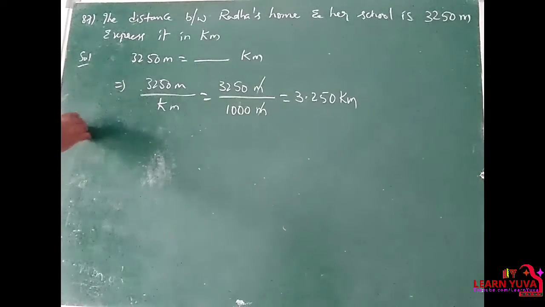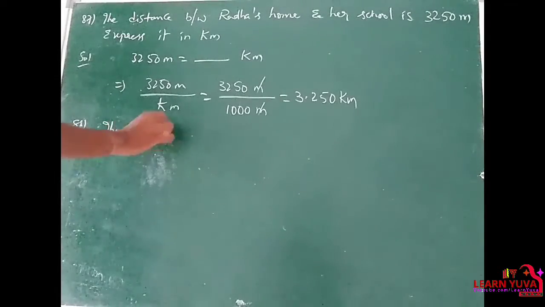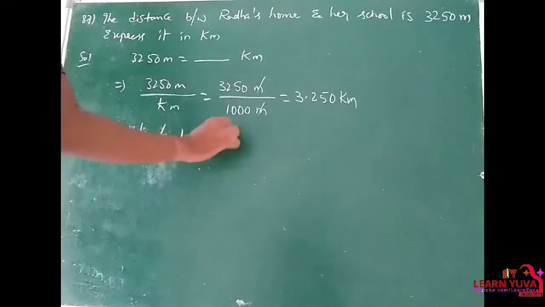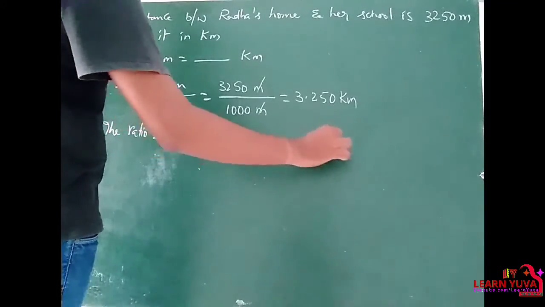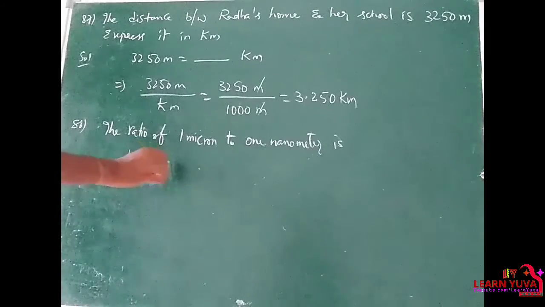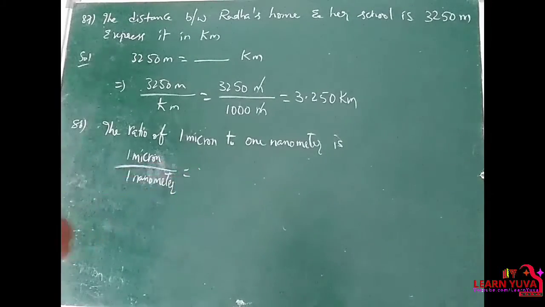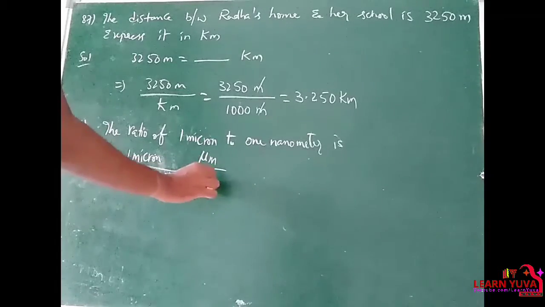Next, the ratio of 1 micron to 1 nanometer. 1 micron to 1 nanometer is ratio 1 micron by 1 nanometer. So micro, 1 micrometer by nanometer.